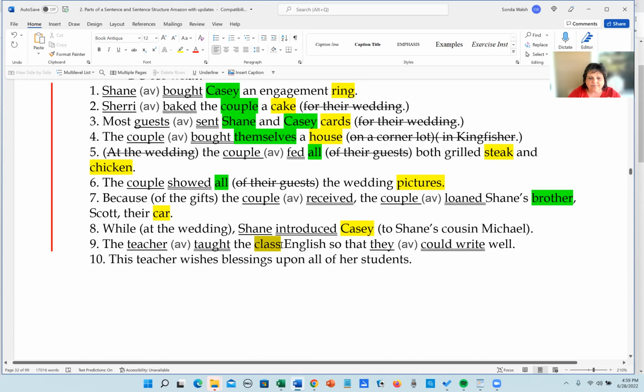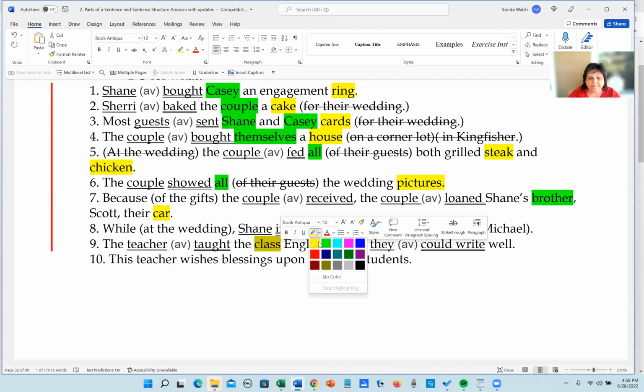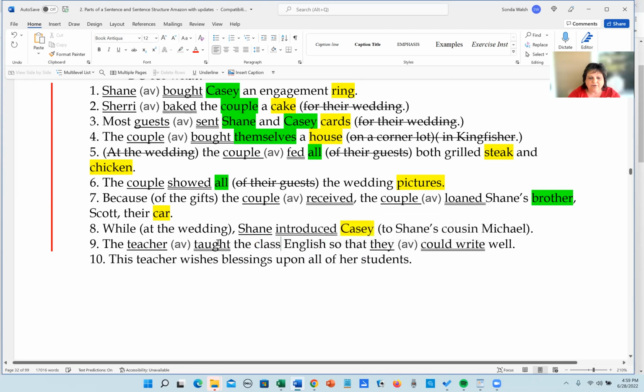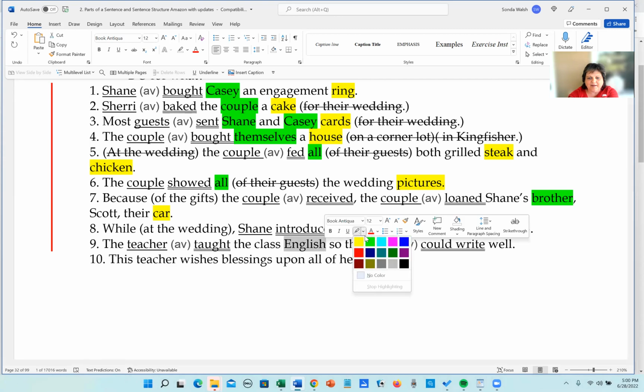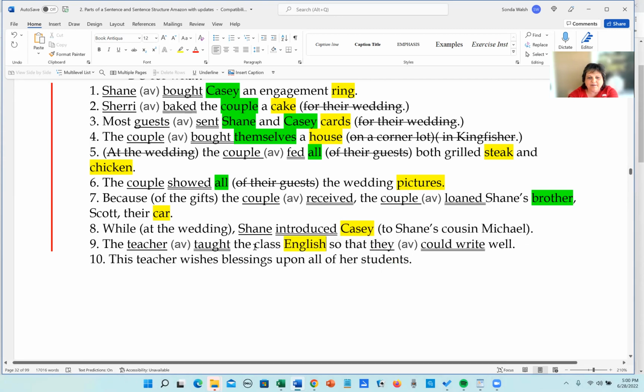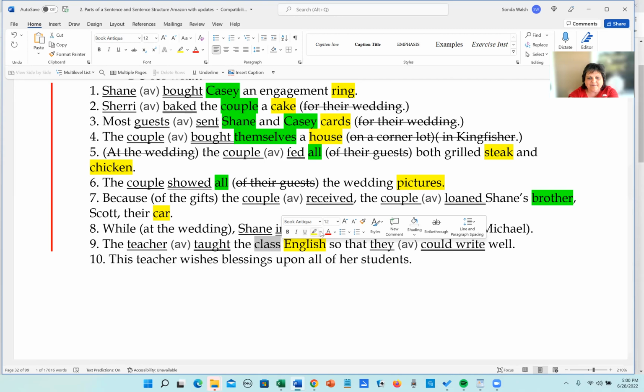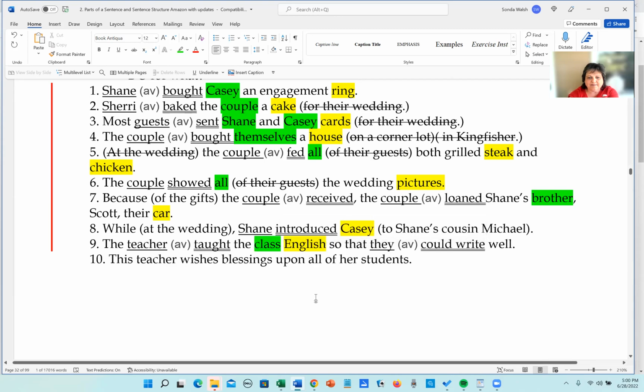Actually, this is wrong. Teacher taught who? Teacher taught what? Teacher taught English. Oh, this one almost got me. I had to look it back up. Teacher taught English. To whom? To the class. Look at me making mistakes. Did y'all get that one? You probably got it fast. Okay.